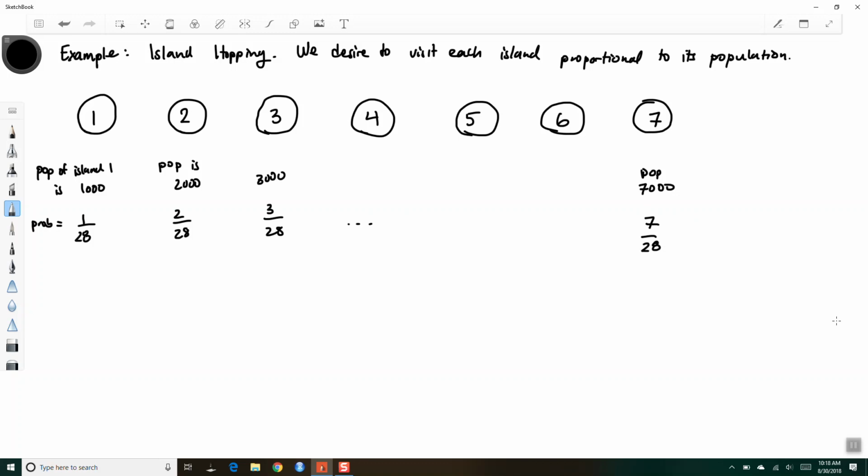Because the total population of all islands is 28,000, right?